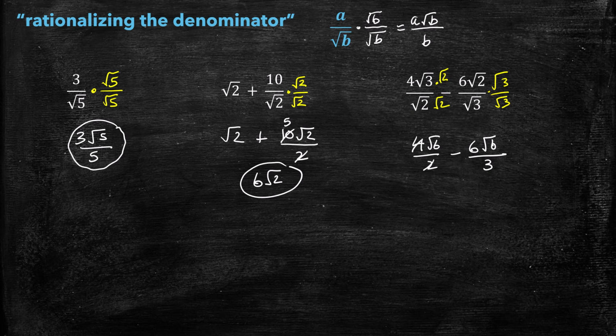And 2 goes into 4 twice, 3 into 6 twice, and 2 rad 6 minus 2 rad 6 is just 0. So you can take crazy expressions like that and probably never have imagined that those are in fact equivalent without being able to rationalize the denominator.